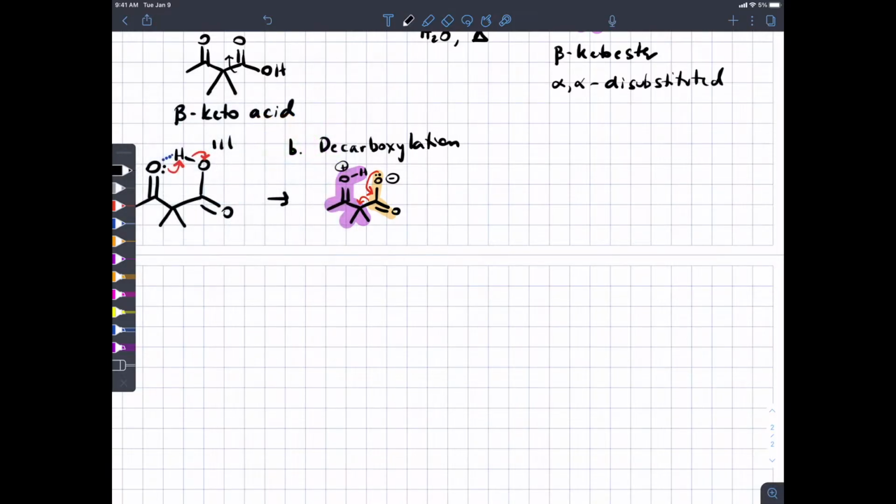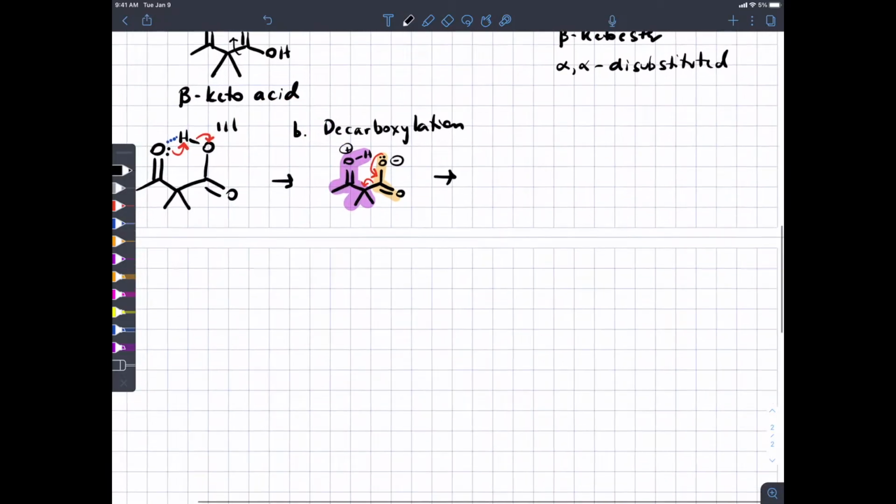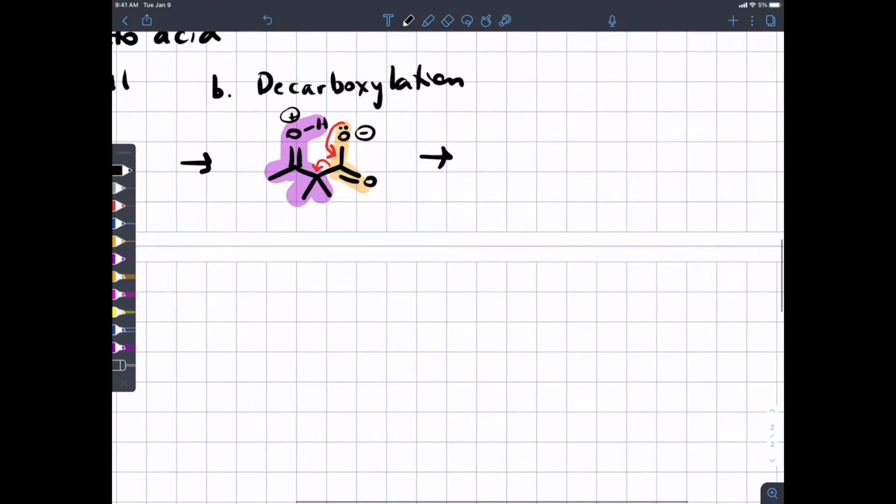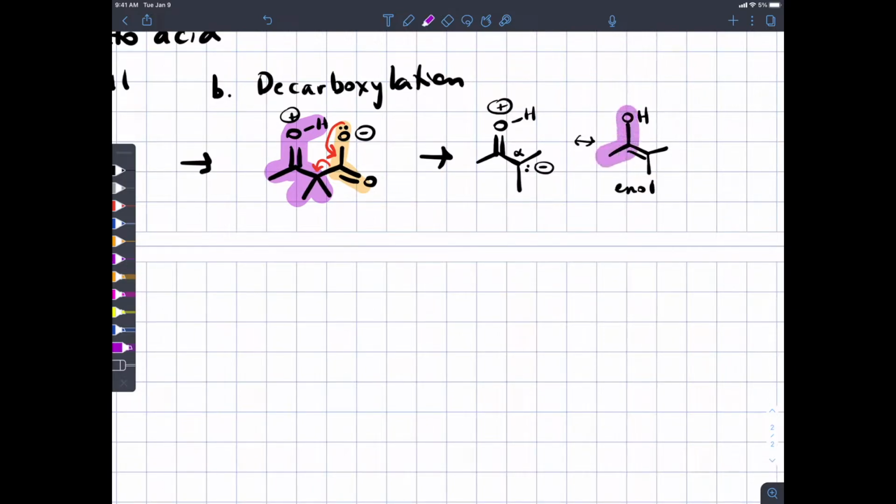When that happens, let's draw the product. The purple portion of our molecule is going to look like this. Here's the alpha carbon, but notice that it has a resonance structure that looks like this. In other words, that purple thing, the leaving group, the reason it's a good leaving group is it can leave as the neutral enol. Okay?